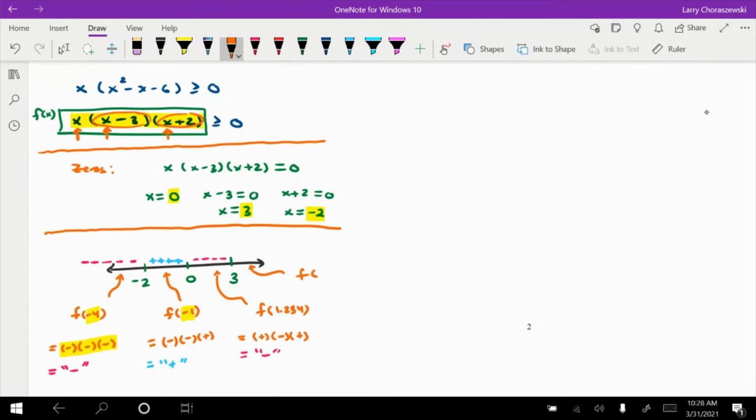Okay, folks, I'm going to have you check a number on your own from this section of the number line from 3 to infinity. All right, when you think you have the sign of your answer, you can go ahead and type it in the chat and we'll confirm it in just a minute.